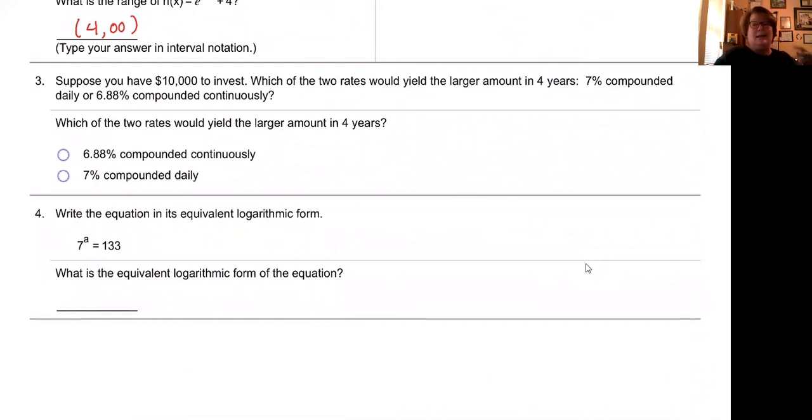So you're going to have to use the continuous compounding formula, which is A equals P times e to the rt. And compounding daily, or the discrete compounding formula, is A equals P times (1 plus r over n) to the nt. So those are the two formulas that we're going to use.